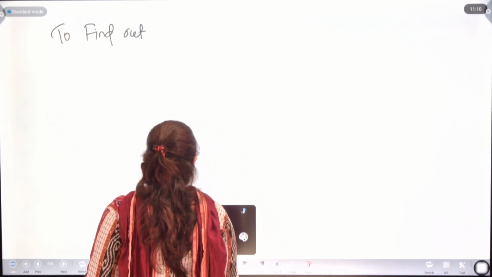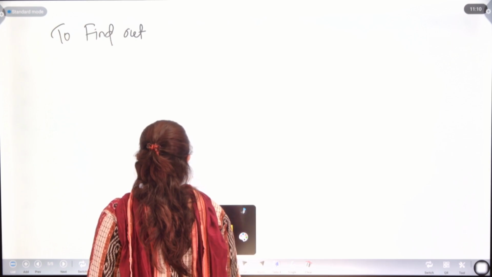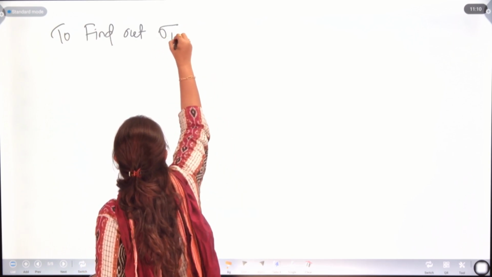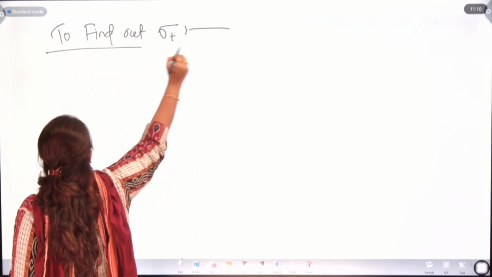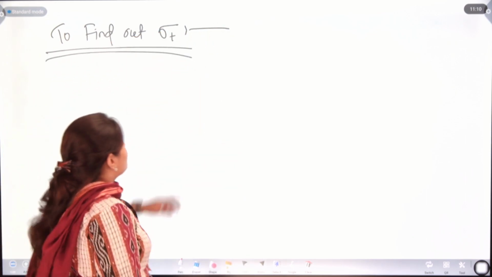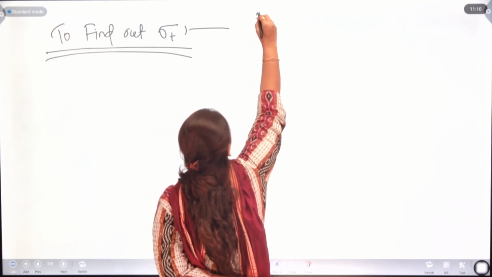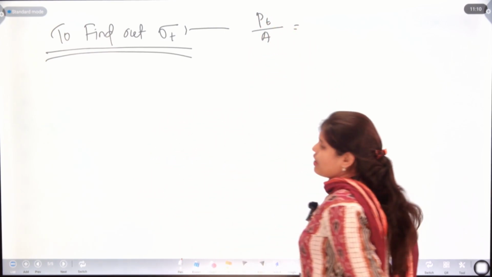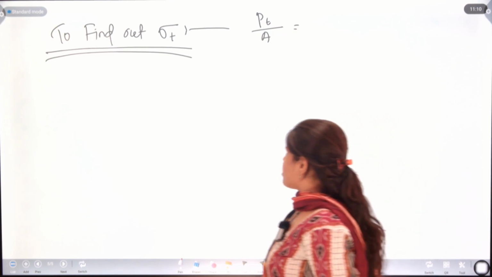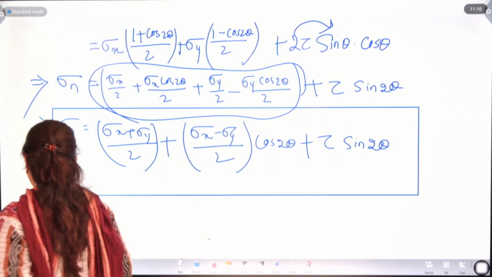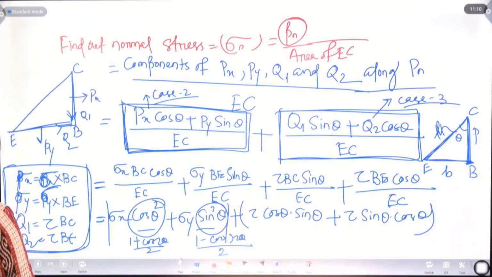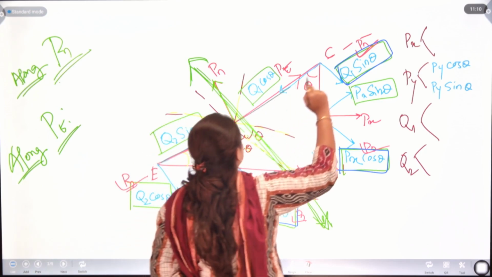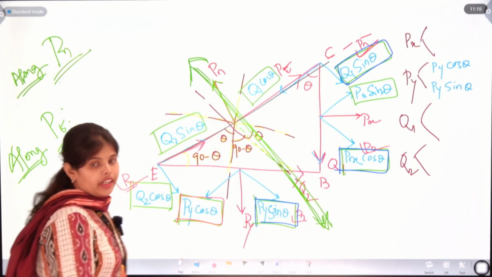Find out sigma t. What do we need? For sigma t, we will need Pt upon area. Pt, if you remember, is also acting at which plane? EC. You can see it is acting at the EC plane.